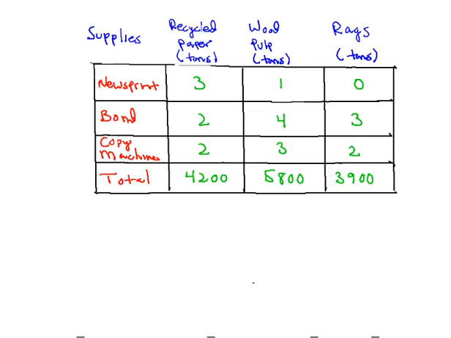And the third row, for the copy machine paper, requires 2 tons of recycled paper, 3 tons of wood pulp, and 2 tons of rags. Now altogether we're told that there are 4,200 tons of recycled paper, 5,800 tons of wood pulp, and 3,900 tons of rags. So now let's next define some variables and write the system of equations we need.